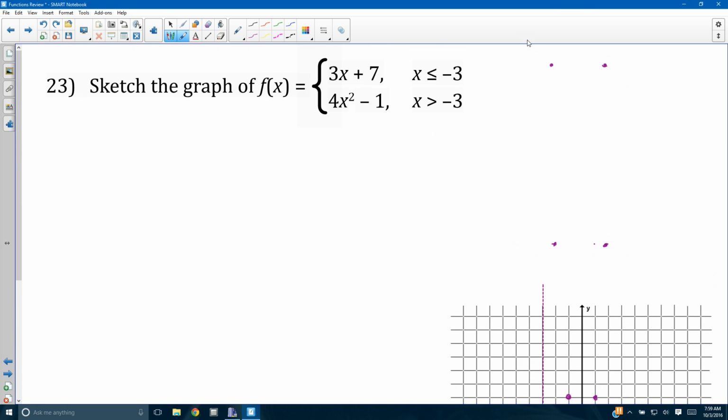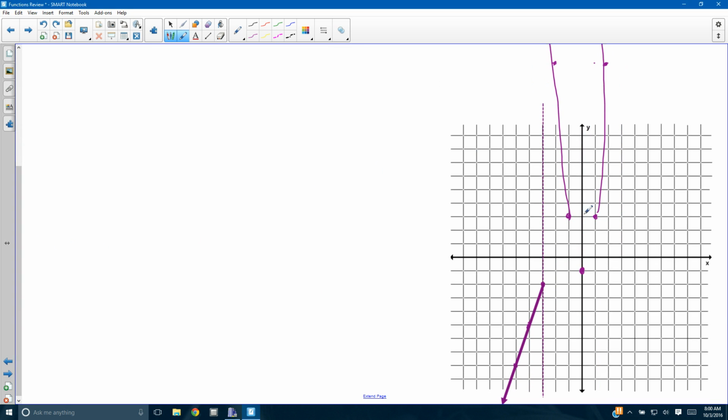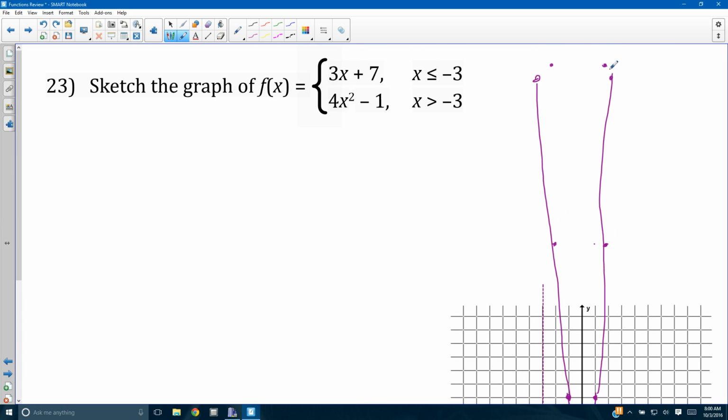Let's just say it goes very high up. Let's just say that it's this one here and that one there. Okay, but this one's an open circle here because it doesn't include negative 3. You get the gist of this picture there. That's a parabola. And it goes forever in the direction here to the right.